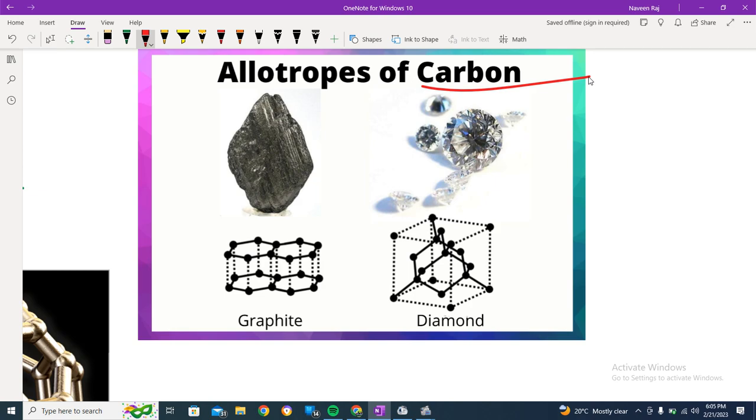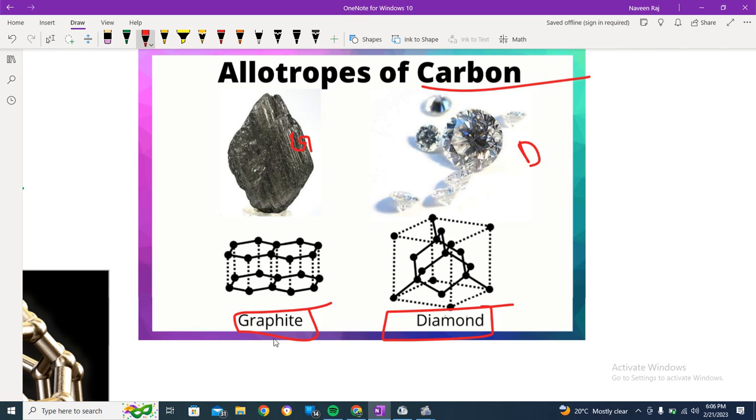So in allotropes of carbon we have coal, diamond, and graphite. Graphite and diamond are both allotropes of carbon. This is the arrangement in the diamond, with all the black dots, and here is the arrangement in graphite. So the atoms are the same, but the arrangement is different. So this is allotropy.